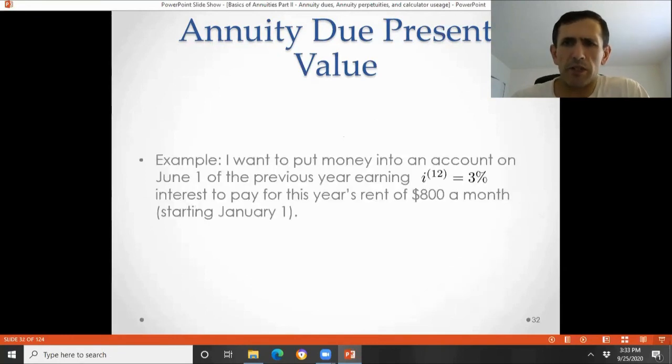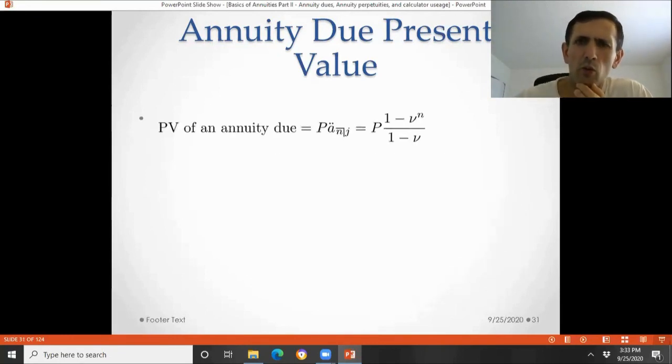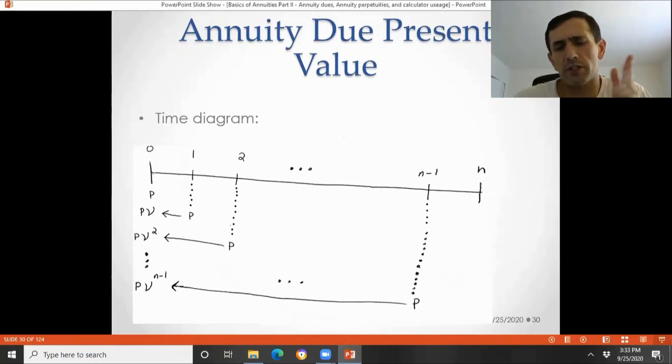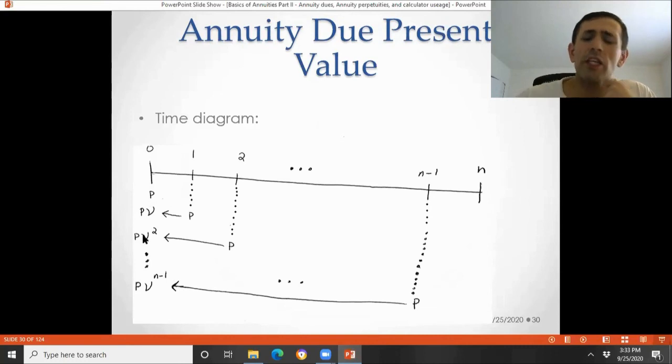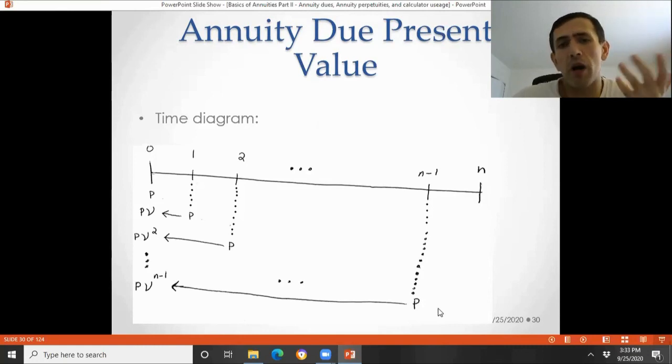Right, so I also want to discuss, like we did before, an important interpretation of the present value of an annuity due. So let's say you're in the situation, I'll do an example of this in a second, that you want to put money right now into an account so that you can make rent payments of P at the beginning of each month for, let's say, 1 year.